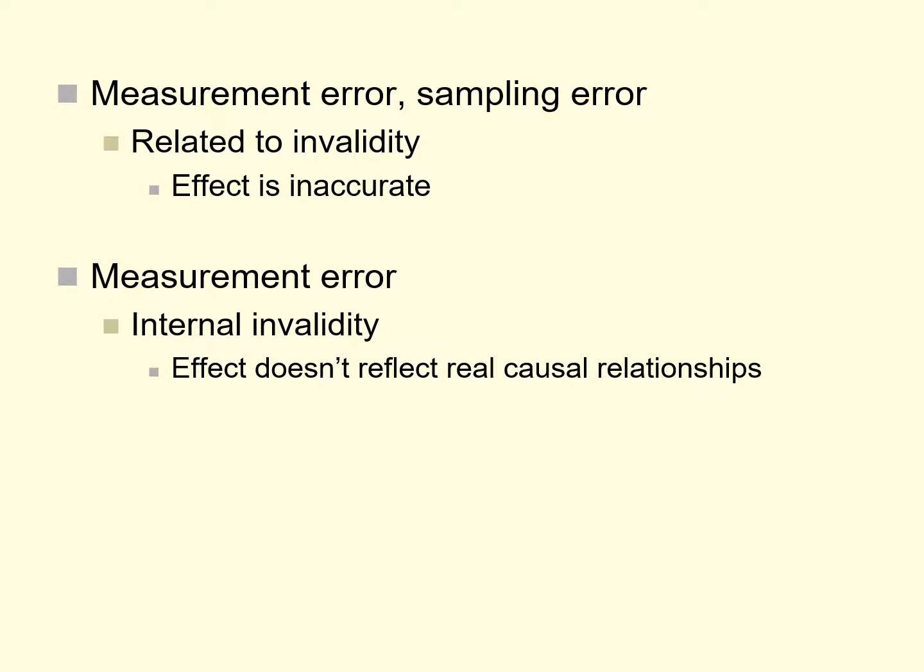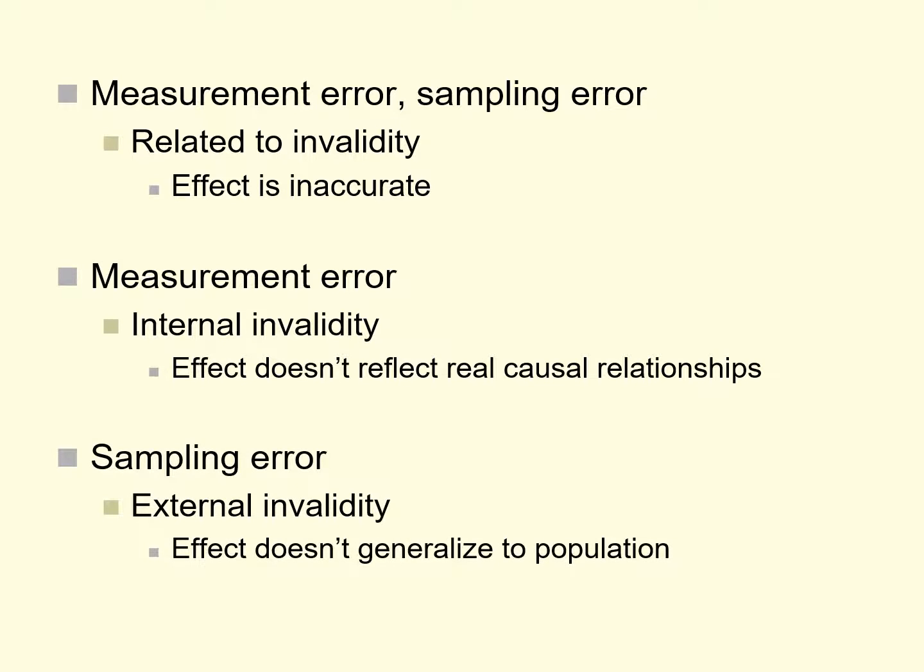If we want to get a little bit fussy about this, we could even make the argument that measurement error leads to problems of internal validity, internal invalidity. An effect doesn't reflect a real causal relationship that we're studying. We could argue that sampling error can be closely related to external invalidity. An effect that we observe in our sample won't tend to generalize across a population that we're hoping to make inferences about.